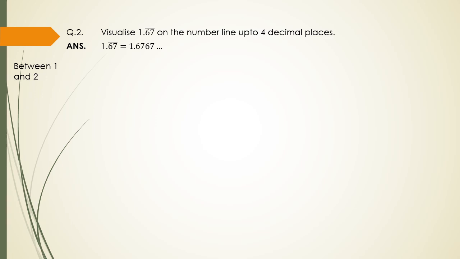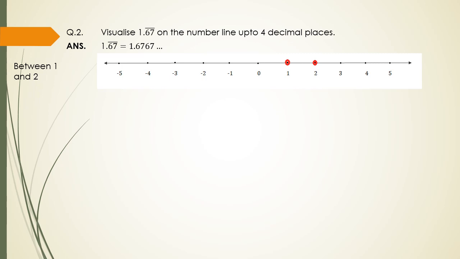So our first step, we will draw a number line, as usual. As our required number 1.6767 is lying between 1 and 2, we will locate both the numbers 1 as well as 2 first.